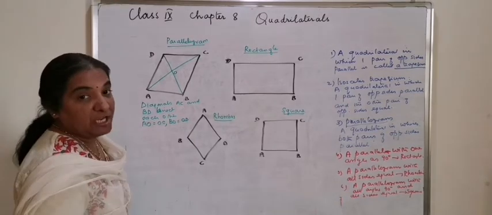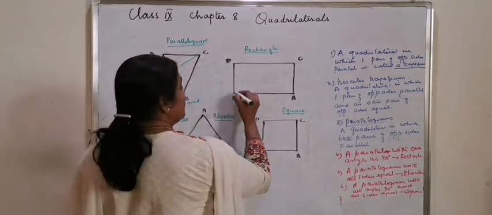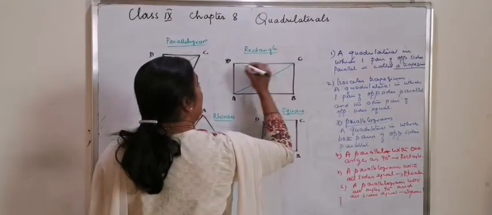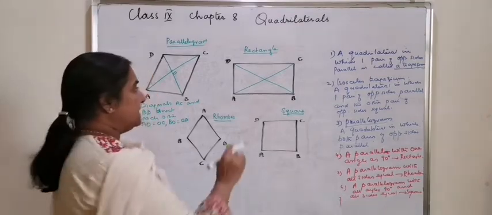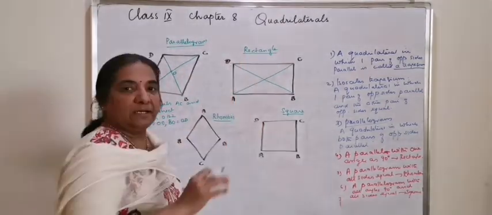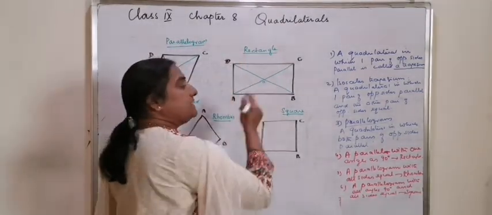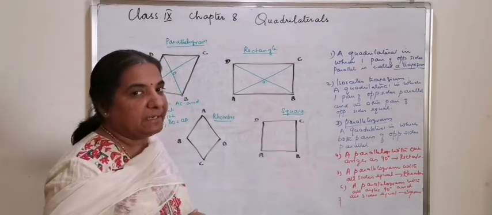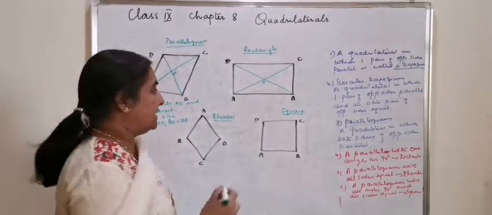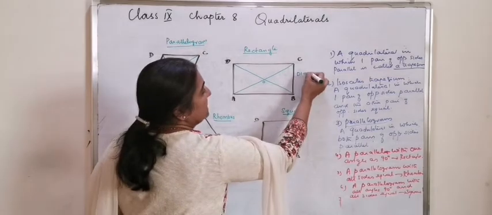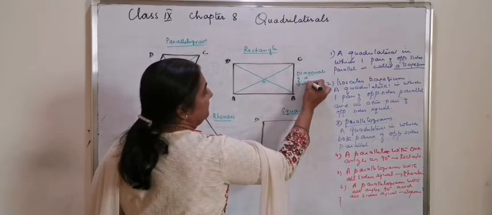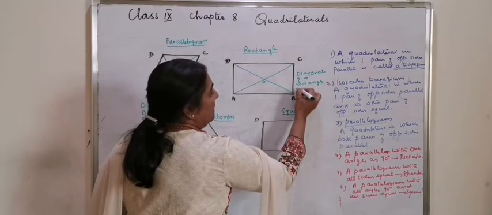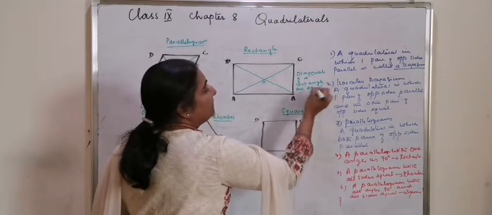What is the speciality of the diagonals of a rectangle other than they bisect each other? Since a rectangle is also a parallelogram, the diagonals will definitely bisect, but the extra condition is that the diagonals of a rectangle are equal.